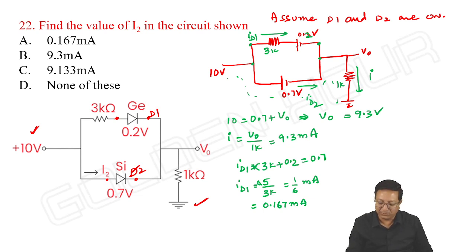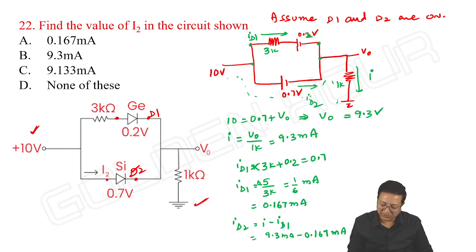So what is I2 or ID2? ID1 plus ID2 is equal to I, which is 9.3 milliampere. So ID2 is equal to I minus ID1, or I2 or ID2, doesn't matter. Its value is 9.3 milliampere minus 0.167 milliampere.